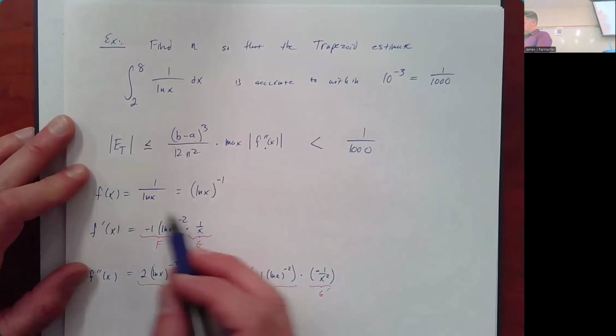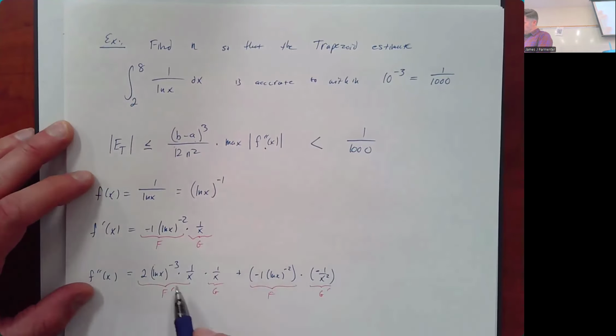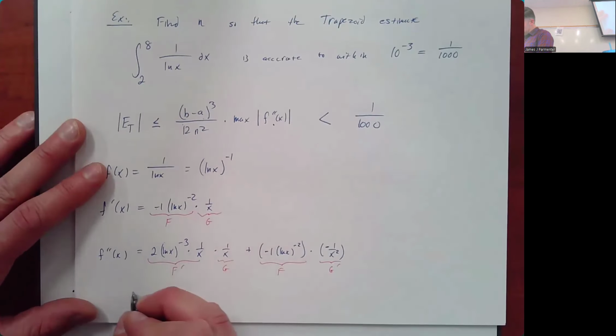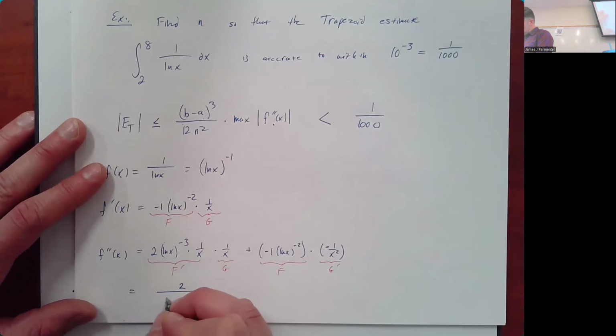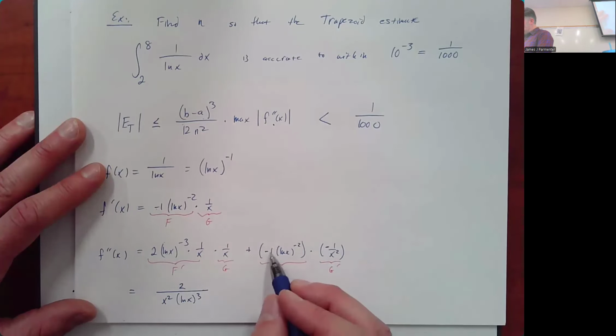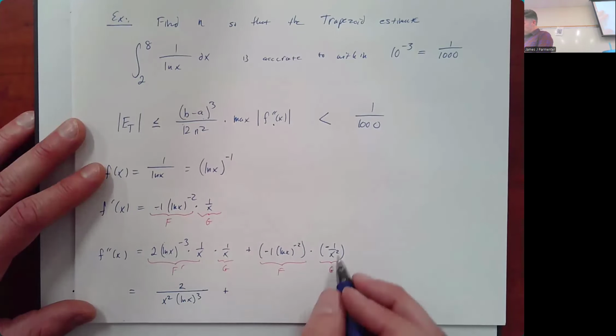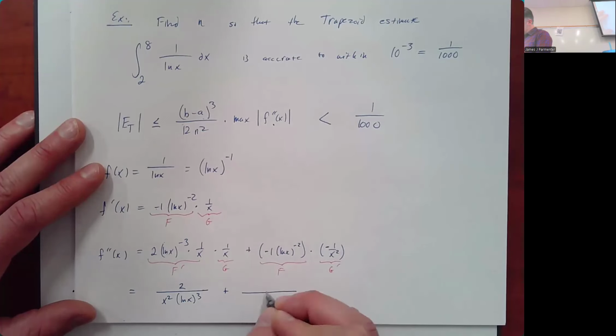So let's simplify this. I'm going to need a common denominator. I'm going to rewrite this as 2 over x times x, which is x squared, natural log of x to the positive third. And this one here is going to be minus a minus, so plus. I have an x squared, and I have a natural log of x squared on the bottom.